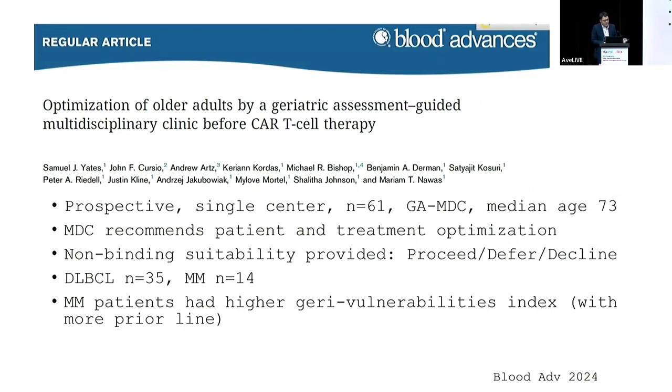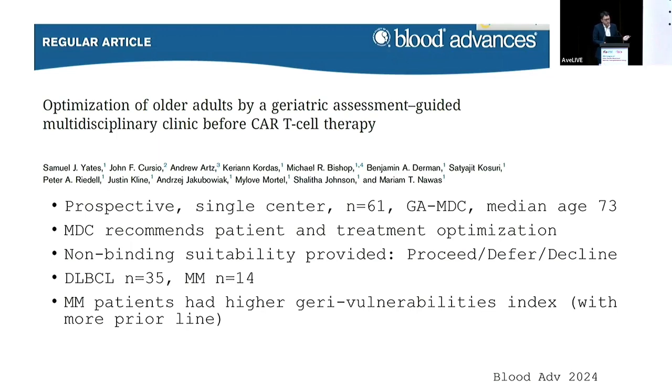Another study is again from Chicago. Chicago likes to do all this. It's a prospective, single-center study with a median age of 73, including DLBCL and myeloma patients. After they saw the patient, they gave a recommendation, and this recommendation was non-binding.